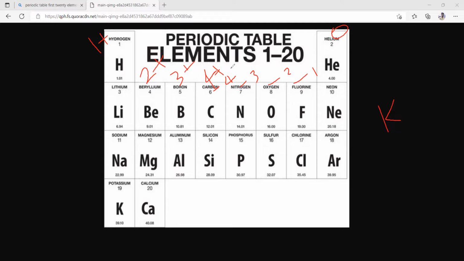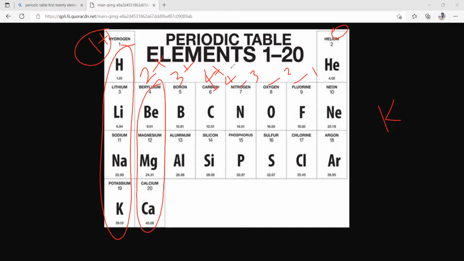Very good. +1 means for all the group 1 elements, the charge is +1. +2 means all the group 2 elements have charge +2. Now you tell me, for potassium, what is the charge? +1.